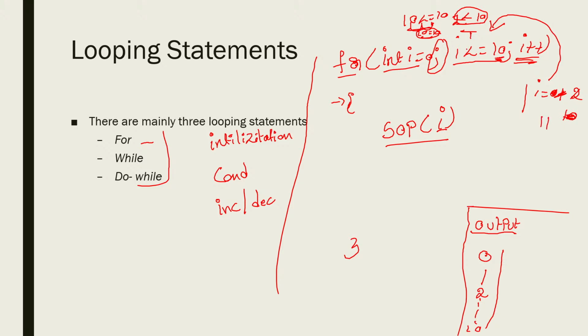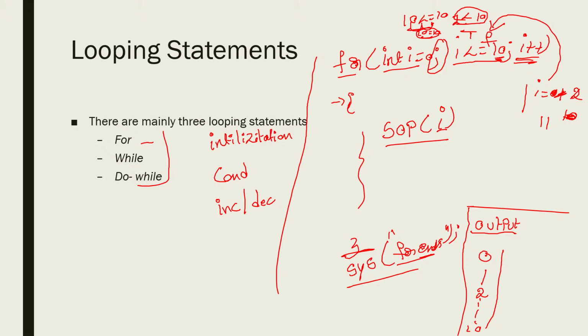Check this condition. Condition is false. So come out of this loop. This loop ends here. Here I will write a statement called println, for loop ends. Like this. Okay. After completing this for loop, I am executing this line to indicate that.